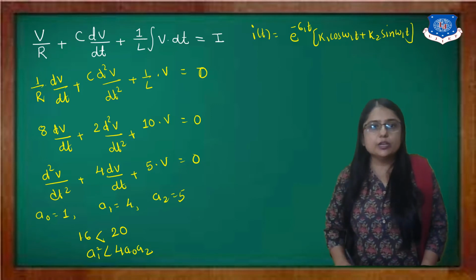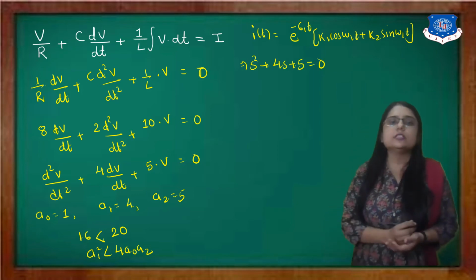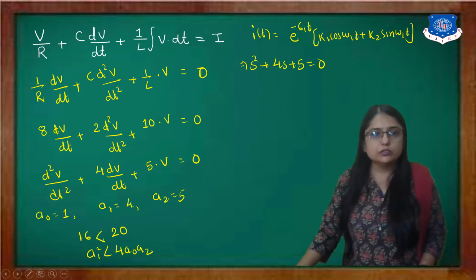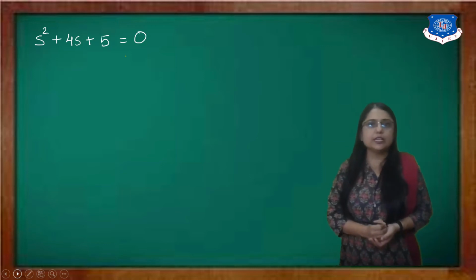And yes, you can represent this equation like that: s square plus 4s plus 5 equals 0. Now we need to find out the roots of this equation.